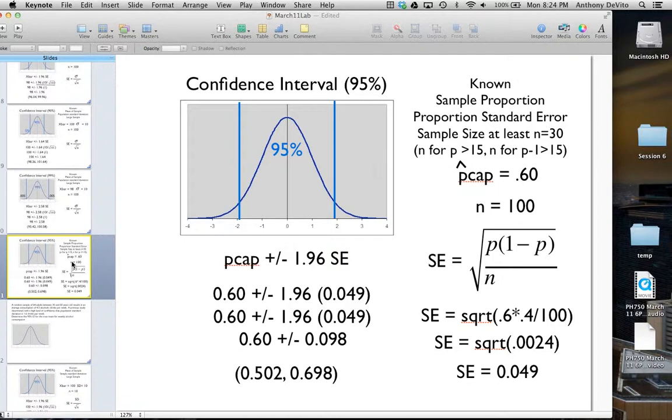Well, the problem is that if you took another sample of 100, you might get a slightly different value, and a slightly different value in another sample. And just like before, you would have a sampling distribution, except this time, instead of a mean, you would have an average proportion that you would be looking at.